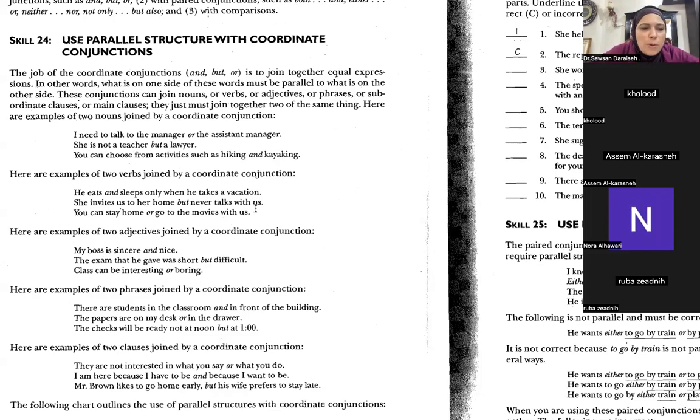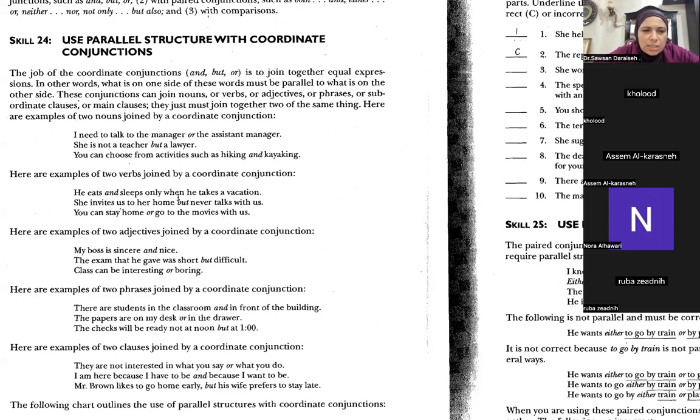That's probably what he means here, because the person here is a he. So he eats and sleeps. Look at the parallel structure: eats, present simple, sleeps, only when he takes a vacation. Every time he takes a vacation, he eats and sleeps. Other than that, he does not. All right, take a look at the next example.